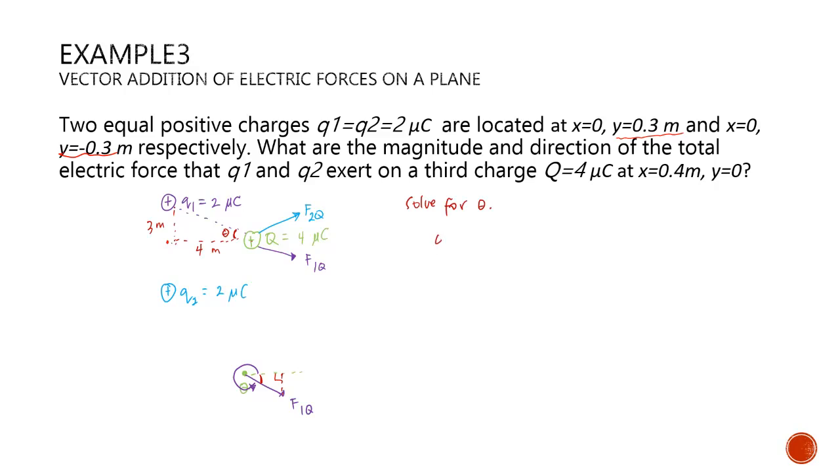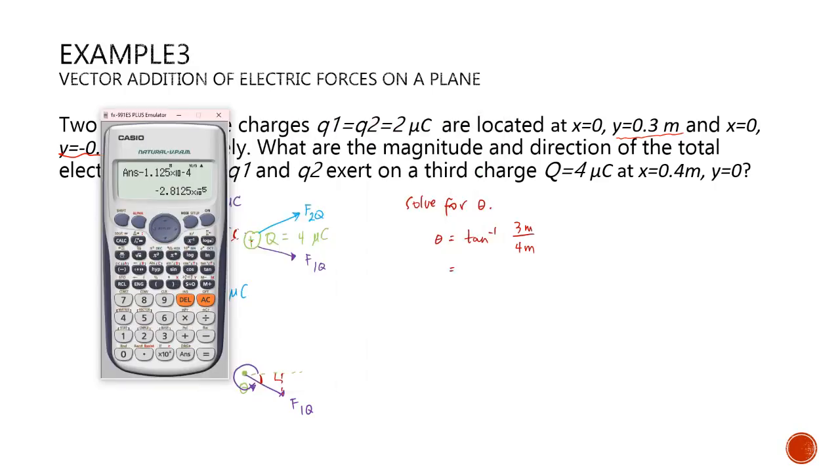Theta would be opposite over adjacent, so that's tangent. So theta is the arctangent of the opposite side, which is 3 meters, over the adjacent side, which is 4 meters. So arctangent of 3 over 4.